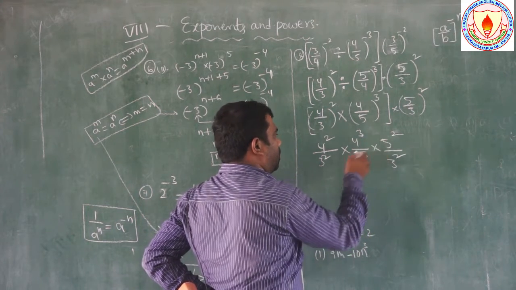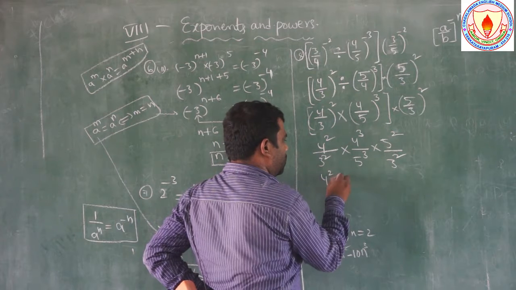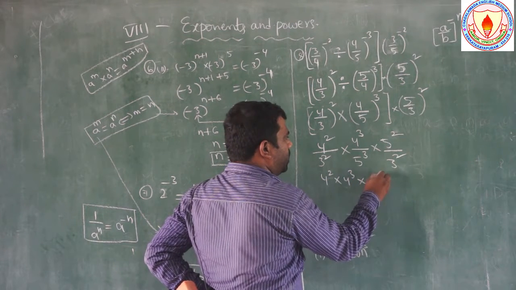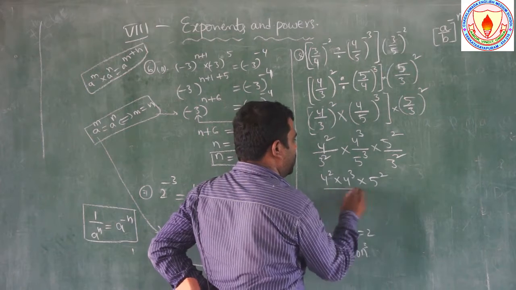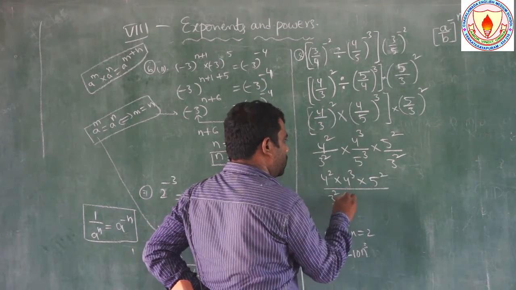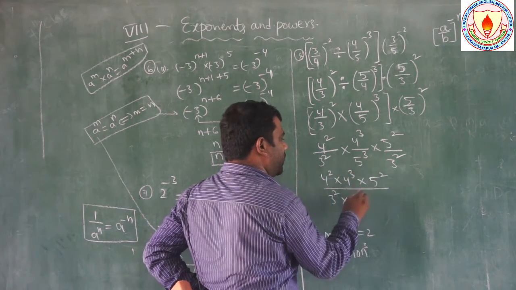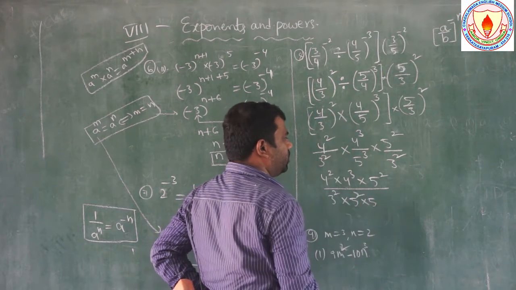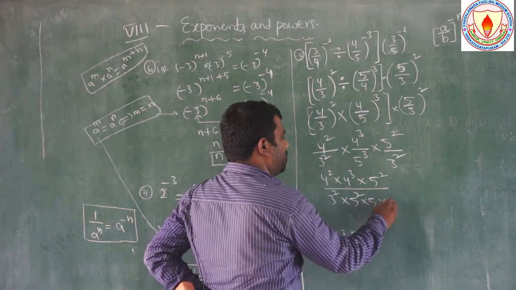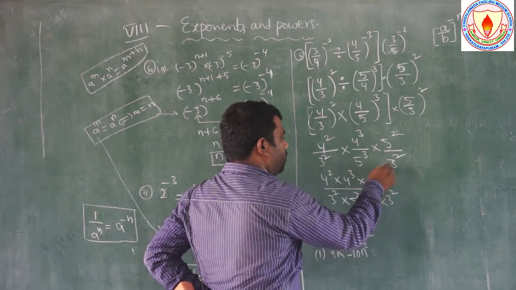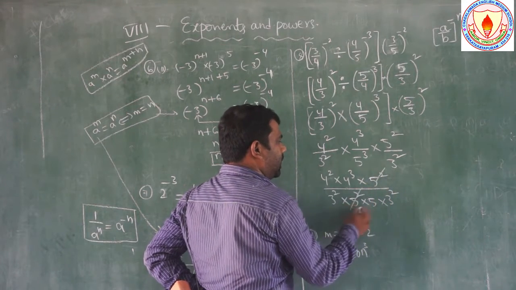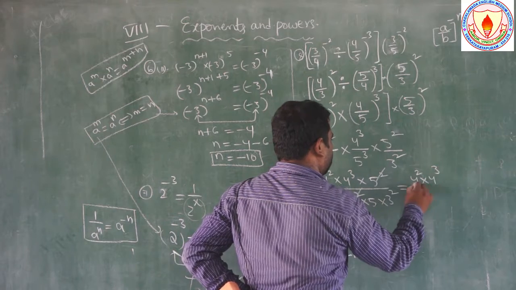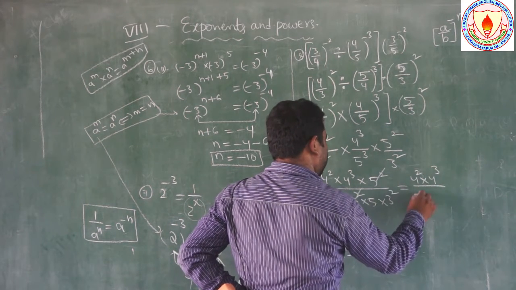So 4 square into 4 cube into 5 square by 3 square into 5 cube, written as 5 square into 5, yes we can write, and 3 square. 5 square cancel, remaining 4 square into 4 power 3 by 3 square into 5 into 3.